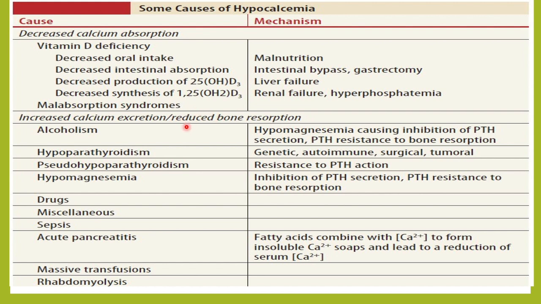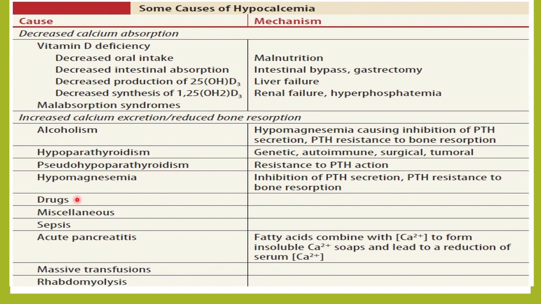The other causes are alcoholism. There could be hypoparathyroidism. There could be pseudo-hypoparathyroidism, wherein the parathormone is there, but the parathormone action is resistant in the body. So there is resistance to this PTH action. Hypomagnesemia or hypermagnesemia both can cause hypocalcemia.